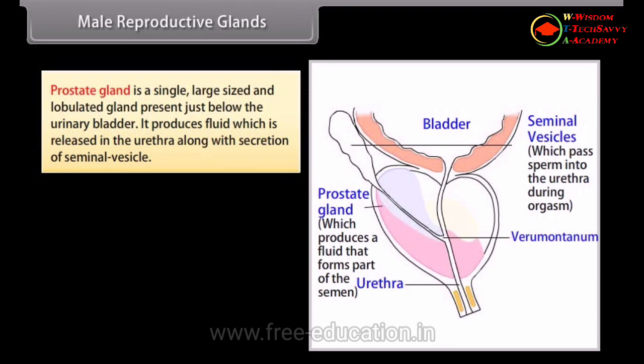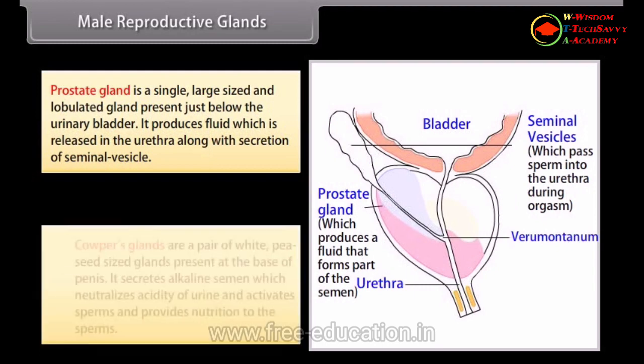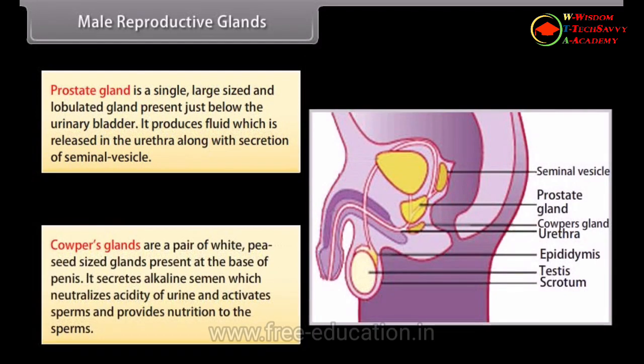It produces fluid which is released in the urethra along with secretion of seminal vesicle. Cowper's glands are a pair of white, pea-seed-sized glands present at the base of penis. It secretes alkaline semen which neutralizes acidity of urine, activates sperms and provides nutrition to the sperms.